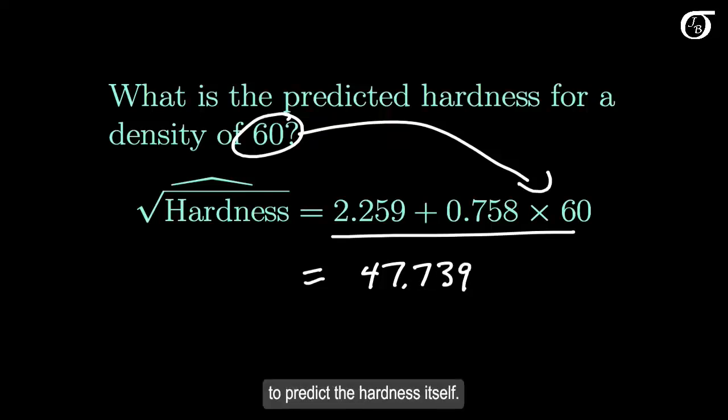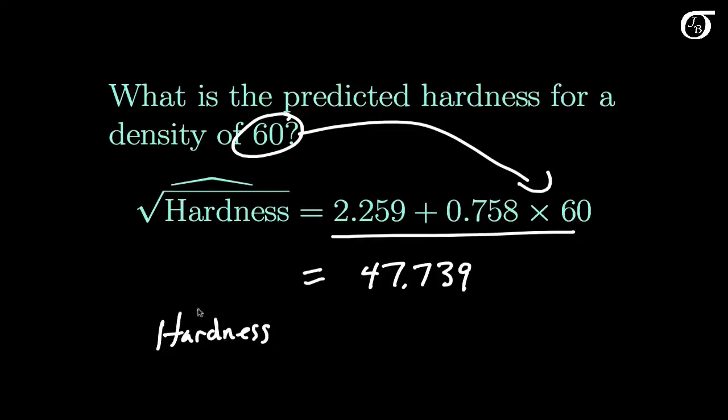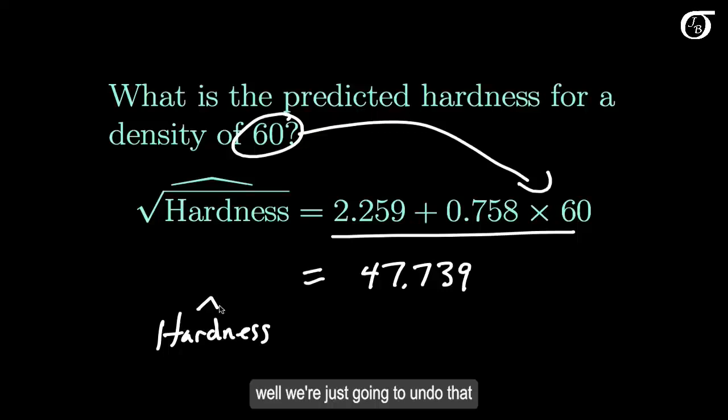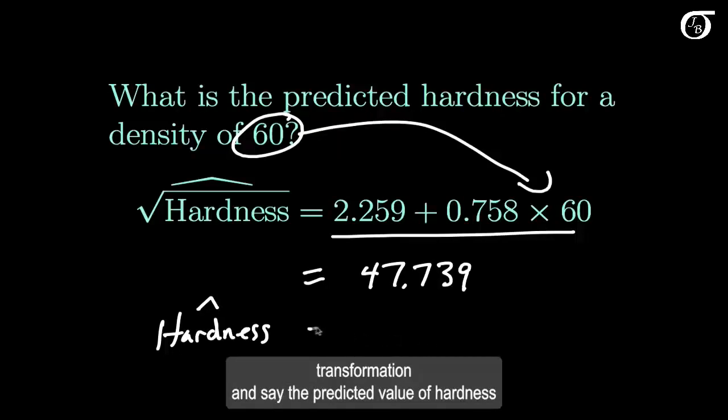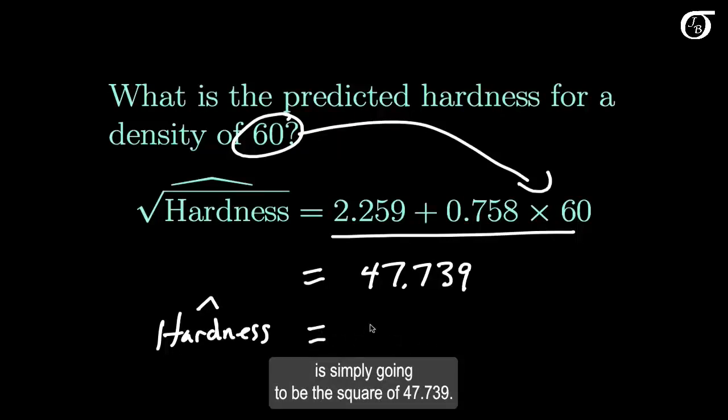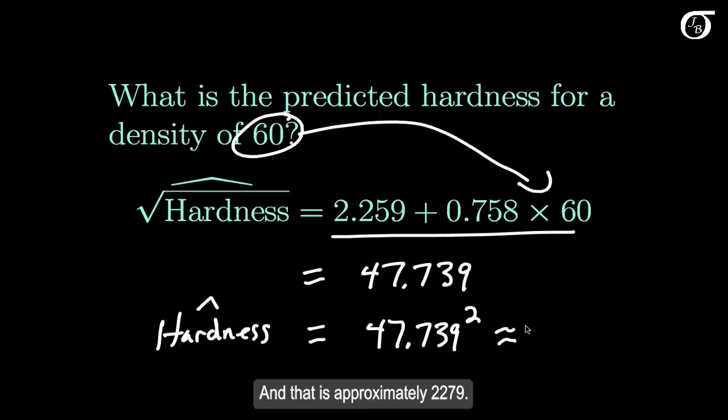But typically we want to predict the hardness itself. And so if we wanted the predicted value of hardness, well, we're just going to undo that transformation and say the predicted value of hardness is simply going to be the square of 47.739, and that is approximately 2,279.